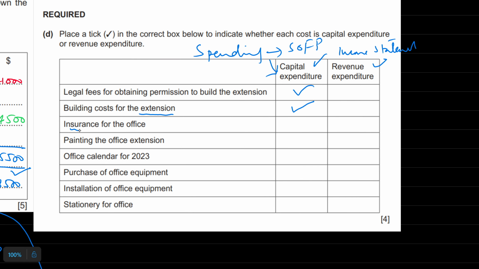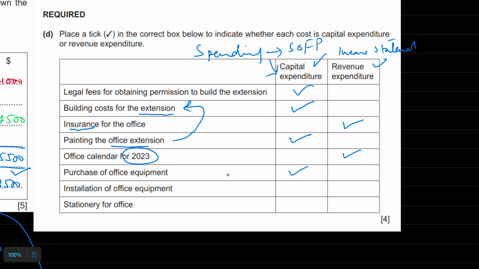Insurance is an expense that appears in income statement, that's why this is a revenue expenditure. Painting the office extension, any extension that is newly built, not yet used, any painting before use is a capital expenditure. Office calendar for 2023, any spending that gives benefit for only 1 year is a revenue expenditure. Purchase of office equipment, it's a purchase of non-current asset, this is a capital expenditure.